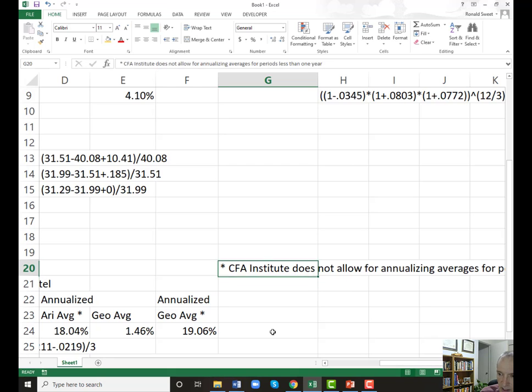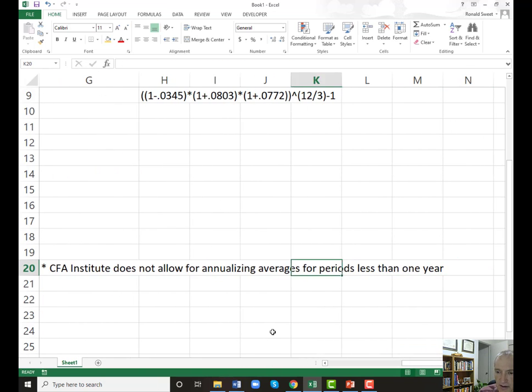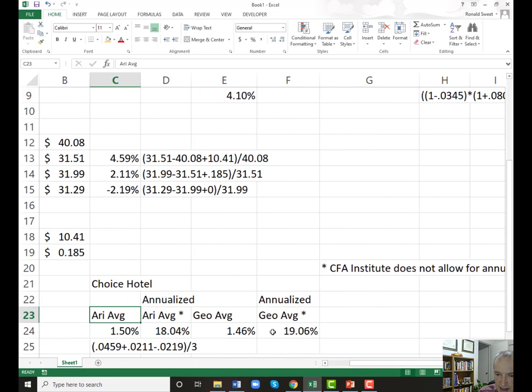So we've got to put that footnote in there. So those two annualized. It doesn't affect the arithmetic average and geometric average. That's fine. We can report that. We just can't report the annualized numbers if it's less than a year. Now, if it's 13 months, 20 months, whatever, we can annualize those.